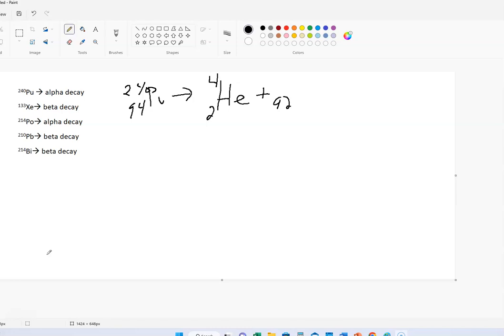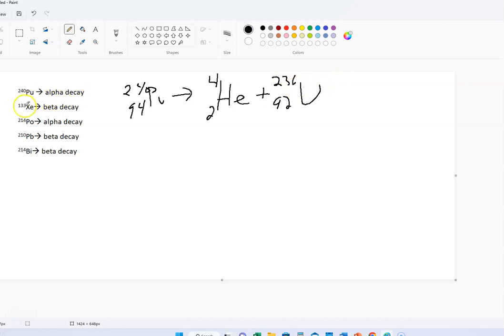We just figured out that this is uranium, which is just a U, and the isotope of uranium is of course going to be 240 minus 4, so 236. So with an alpha decay, plutonium becomes an alpha particle plus uranium 236.